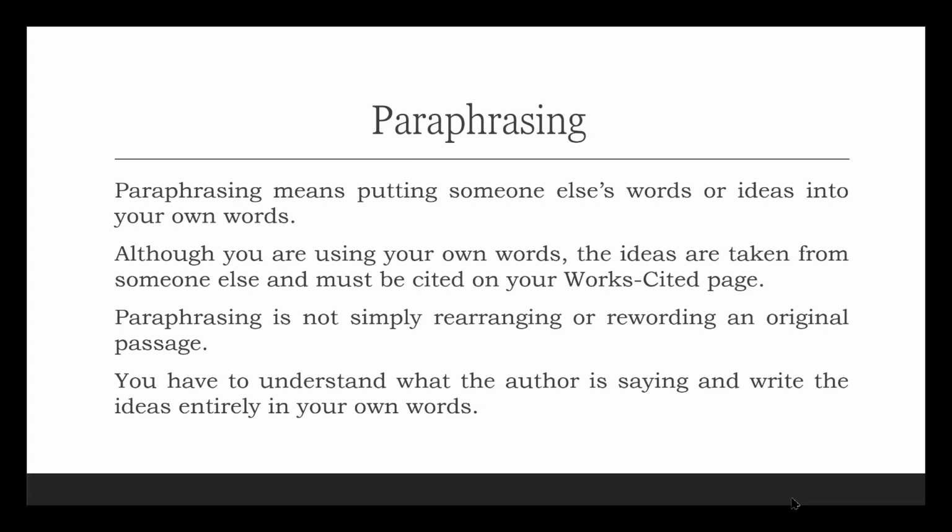Paraphrase means putting someone else's words or ideas into your own words. Although you are using your own words, the ideas are taken from someone else and must be cited on your works cited page. If you're writing some paragraph, you have to cite that paragraph with the other reference details.